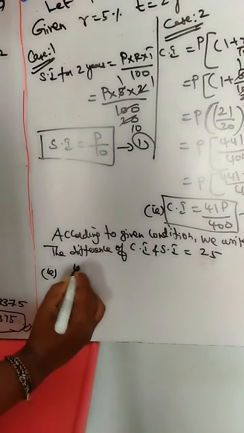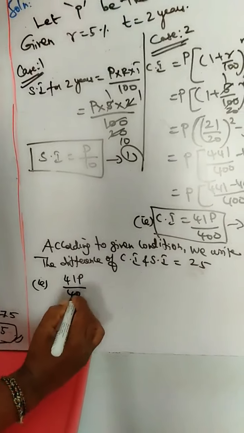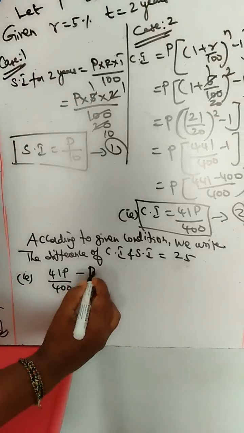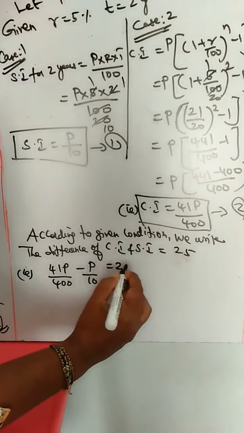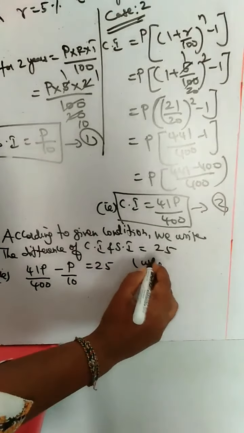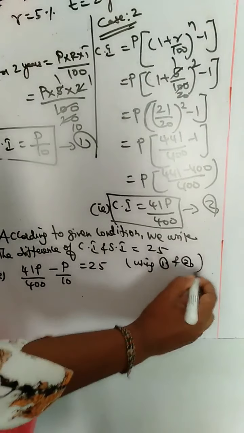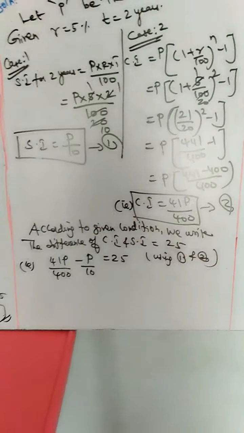That is, 41P by 400 minus P by 10 equals 25, using 1 and 2. We have substituted the values here.